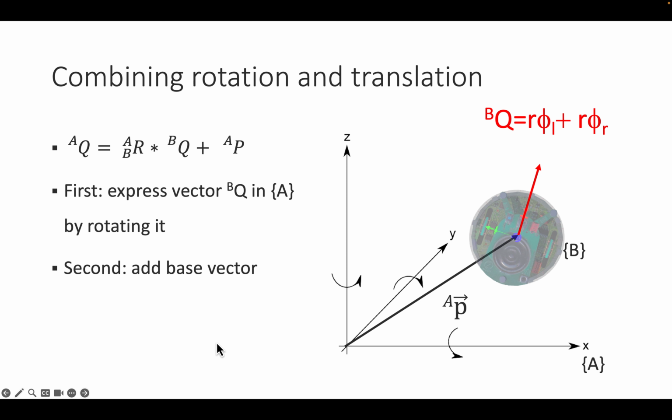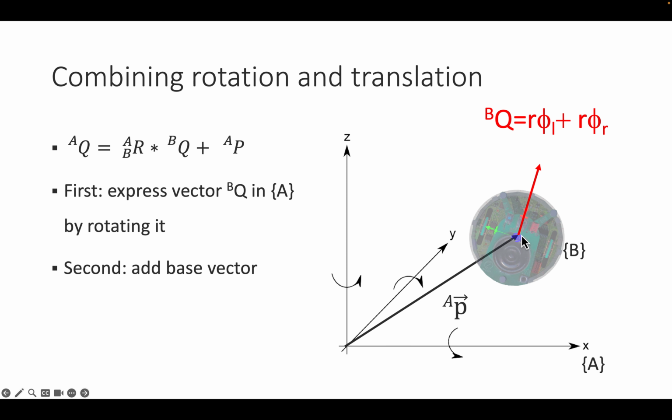In robotics, we not just have rotations, but also translations. And you can see that if you want to think about how to turn a robot motion here in red into the corresponding motion in the world coordinate system. In this case, I label this Q, which is given by the wheel speed and the radius of the wheels.